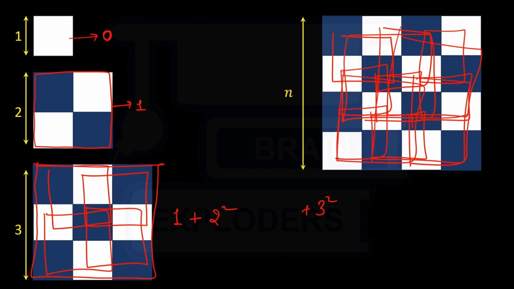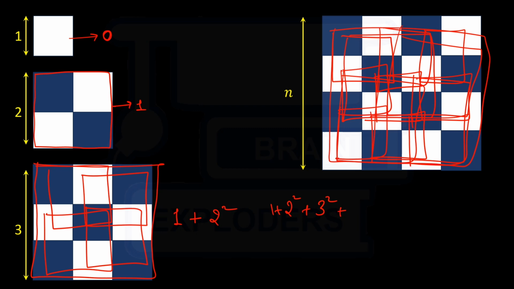If we have a square of dimension 4, then how many 2 cross 2 squares do we have? 1, 2, 3, 4, 5, 6, 7, 8, 9. 9 of dimension 2 cross 2, plus 1, 2, 3, 4. 4 of dimension 3 cross 3 and 1 of dimension 4 cross 4, right?